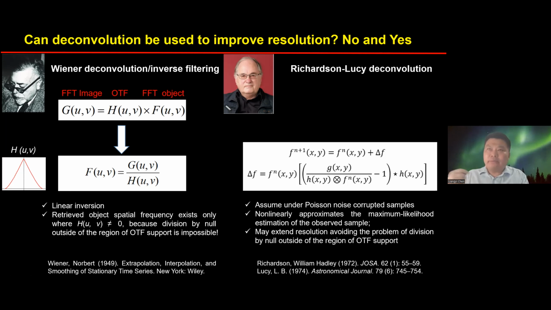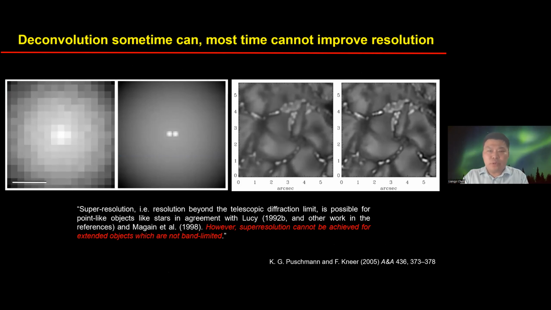So presumably, if we do this iteration a sufficient number of times, our guess will very likely become the real object. From this procedure, we can also see that there is no divide-by-zero operation, so theoretically it may improve resolution.